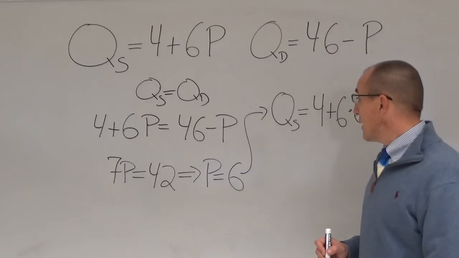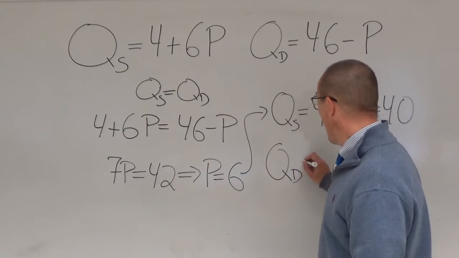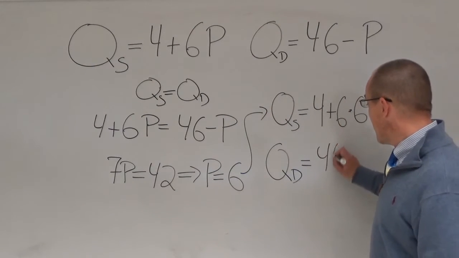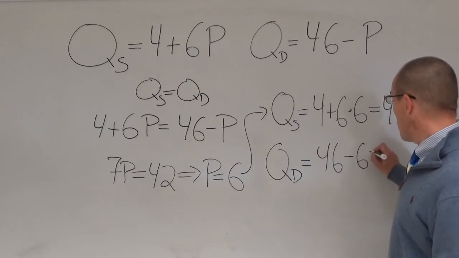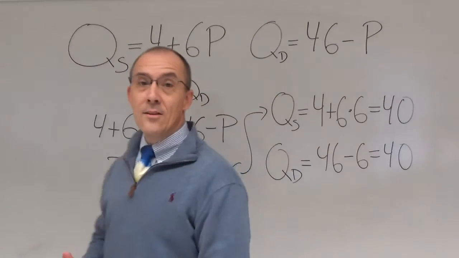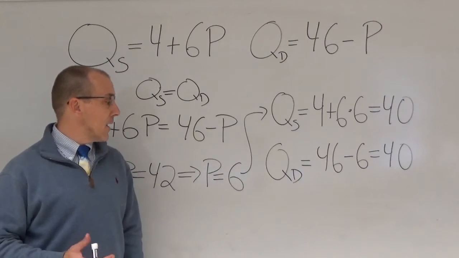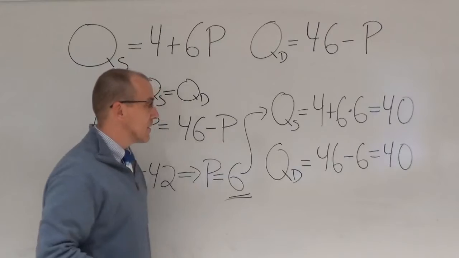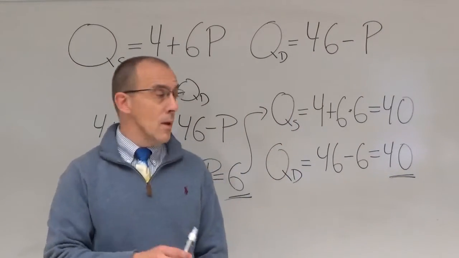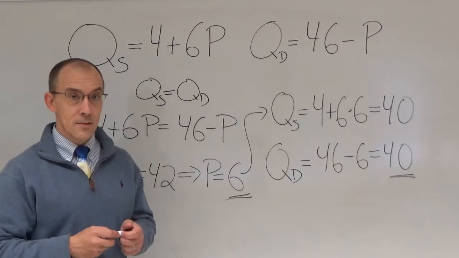Or I can put it into quantity demand, and I will get 46 minus 6, which also gives me 40. So in this market, without any taxes being levied, I will have a market price of 6 and an equilibrium quantity of 40. That's my starting position, so I can know how the taxes will affect the marketplace.